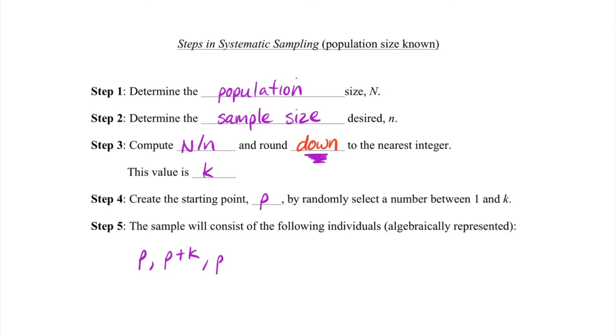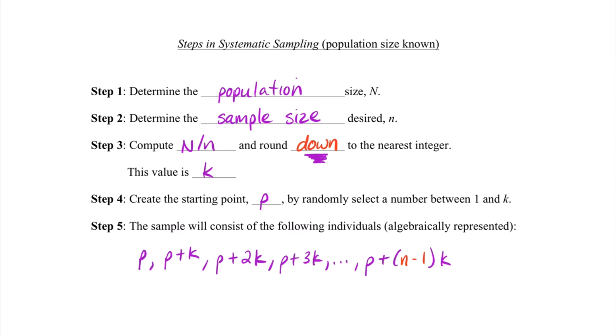After that, algebraically we would go p plus 2k, meaning we've already added the interval k, and we're going to do that again, so p plus k becomes p plus 2k, mathematically speaking. Not a huge emphasis, but we can use this when they ask us to find specific values. We get the entire sample by following this pattern, p plus 3k, plus 4k, etc. And then the last individual selected would be p plus (n minus 1) times k.